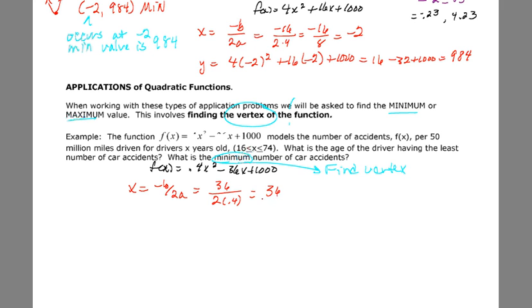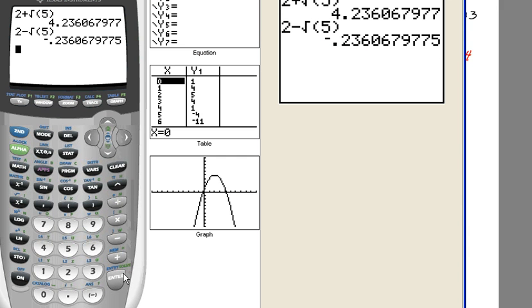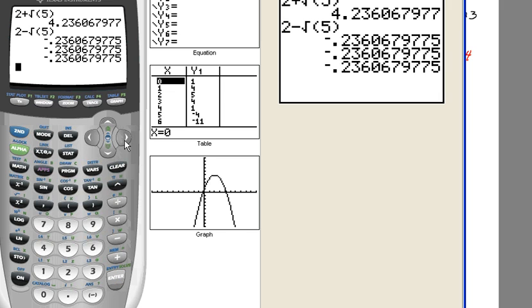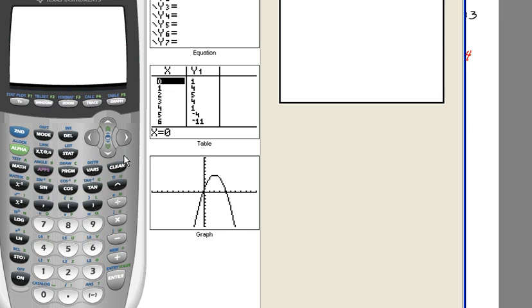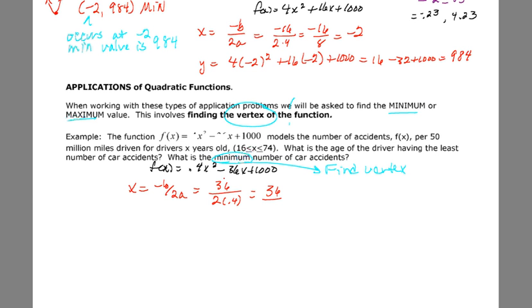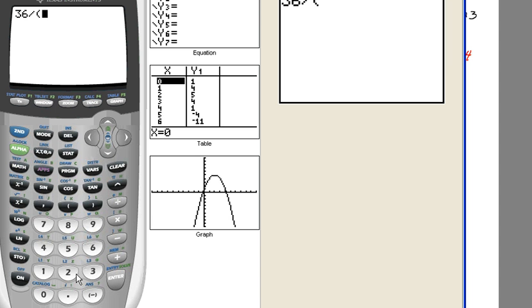So it'll be 36 divided by, let's go ahead and pull up the calculator. And when you're doing this in your calculator, make sure that you use parentheses. It was 36 divided by 2 times 0.4.